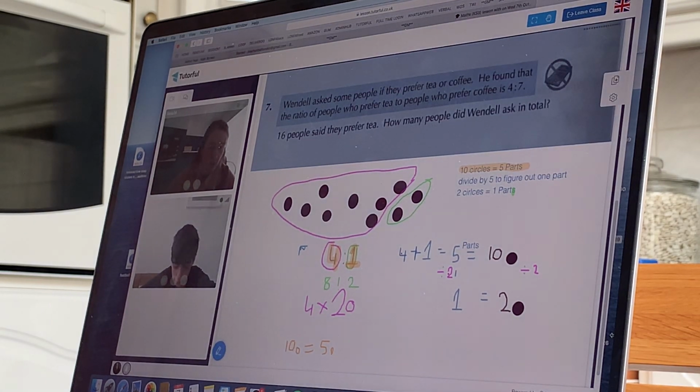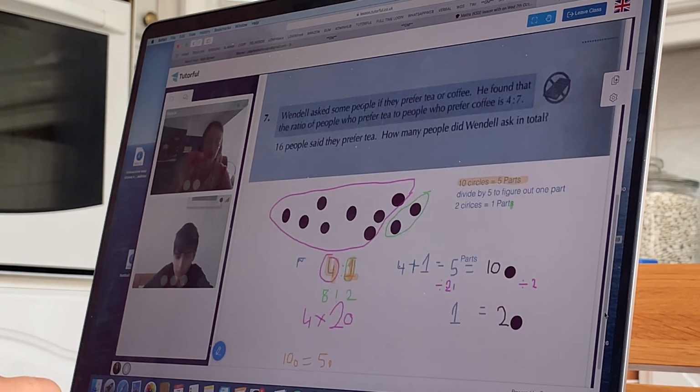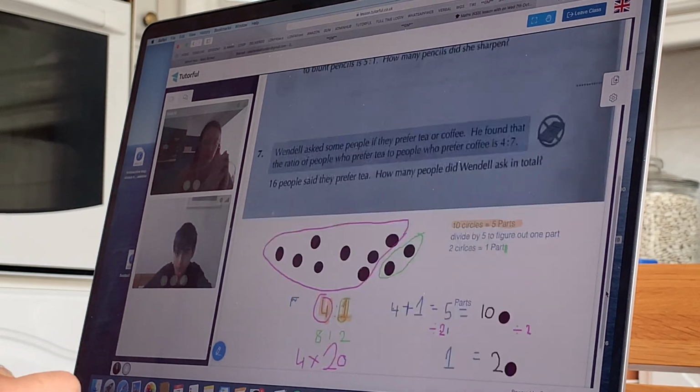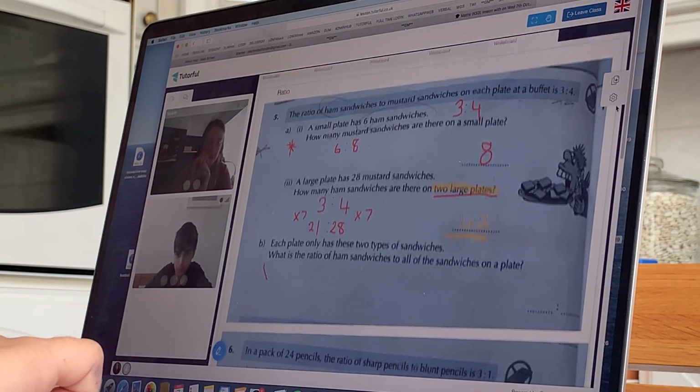So if we go back to the pencils question, yes, we have 24 pencils. Can you see where I've typed it? 24 pencils equals 4 parts. What do we have to divide by both sides so that we get a number of pencils equal to 1 part?